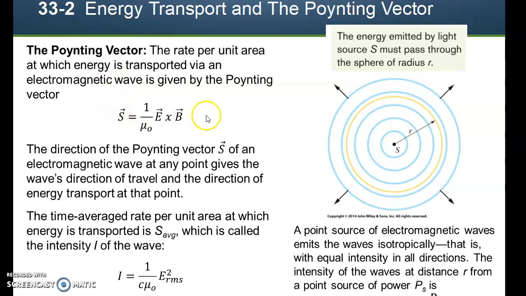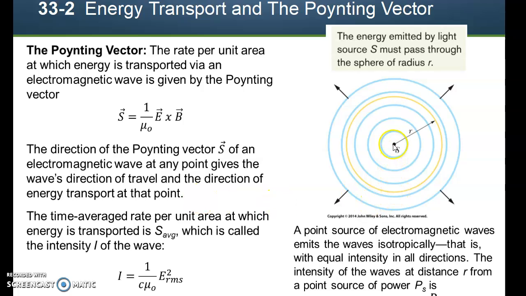It's given by this vector right here, the cross product of E and B divided by this permeability coefficient, and it is called S. This gives the direction of travel of the electromagnetic wave at any point, and the direction of the energy transport at that point.